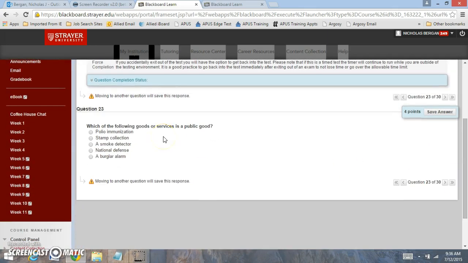A public good is a good that requires the government to get involved for production.